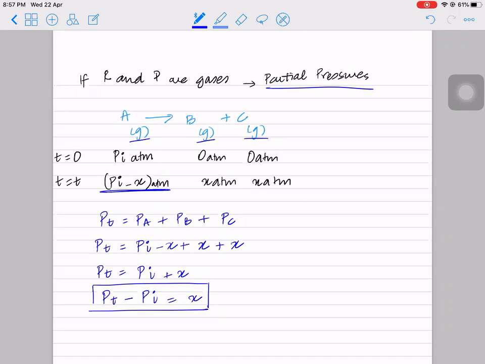Just like we were concerned with the reactant concentration, here we're only concerned with the reactant's partial pressure.